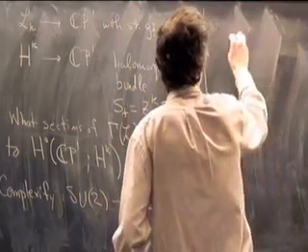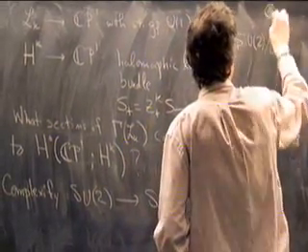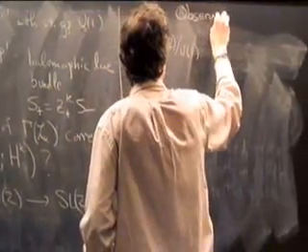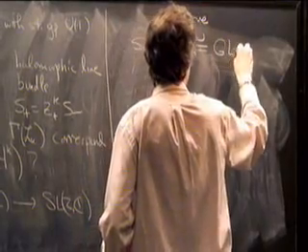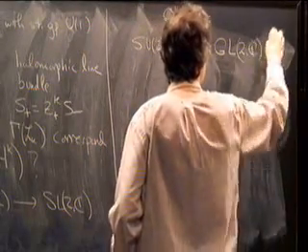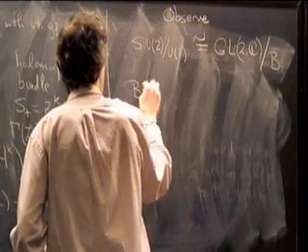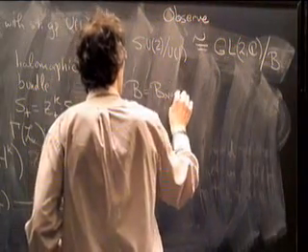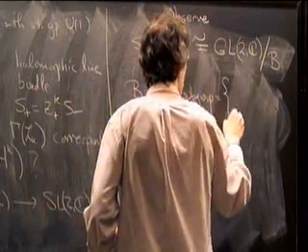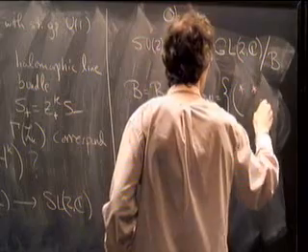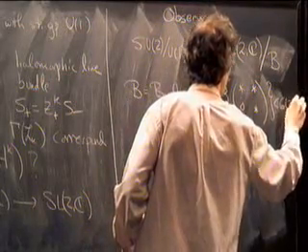So I want to observe that SU2 mod U1, that homogeneous space, is the same as GL2C mod B, where B is what's called a Borel subgroup, and it's equal to the group of matrices of this form in GL2C.